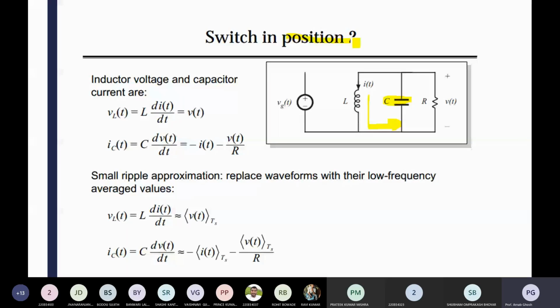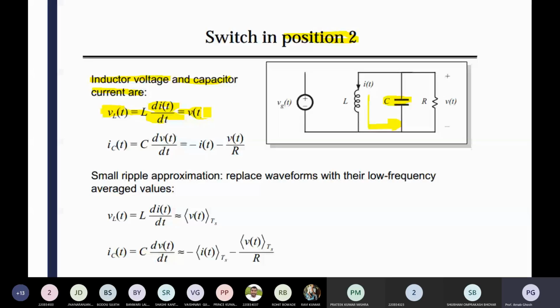So switch position 2 means the switch is off. At the switch off condition, you can see the nature of the inductor voltage and capacitor current. So what is the response of the inductor voltage? VL is L dIt/dt, so it is similar to the first case; both are the same.